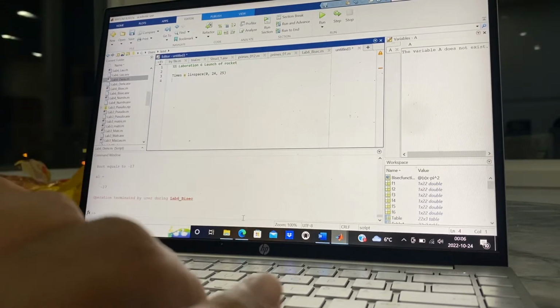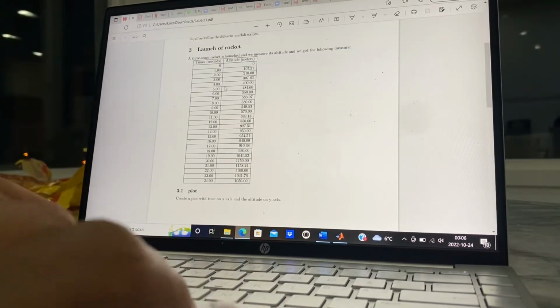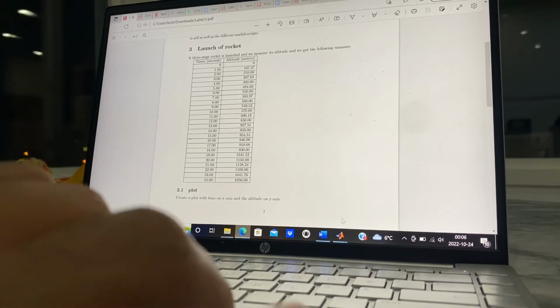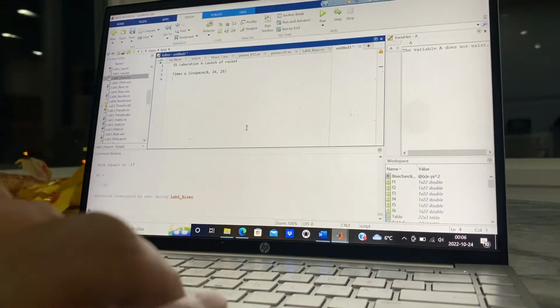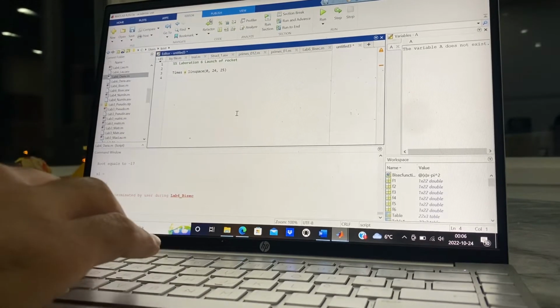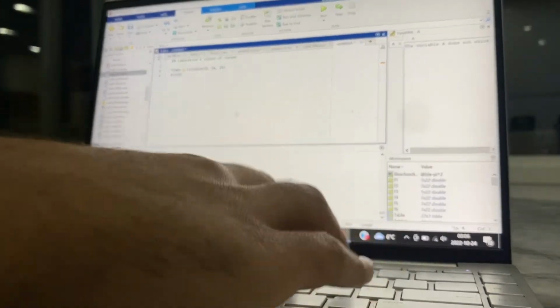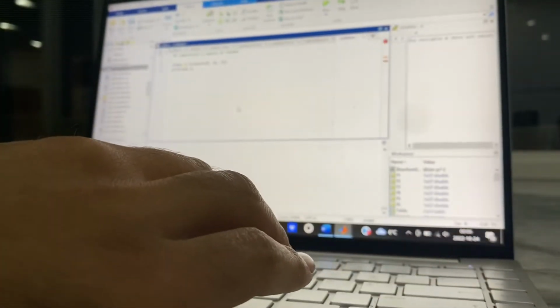And the altitude is here, as you can see. It's gonna take a long time for me to write this, so I'm gonna copy it from the elaboration PDF itself.